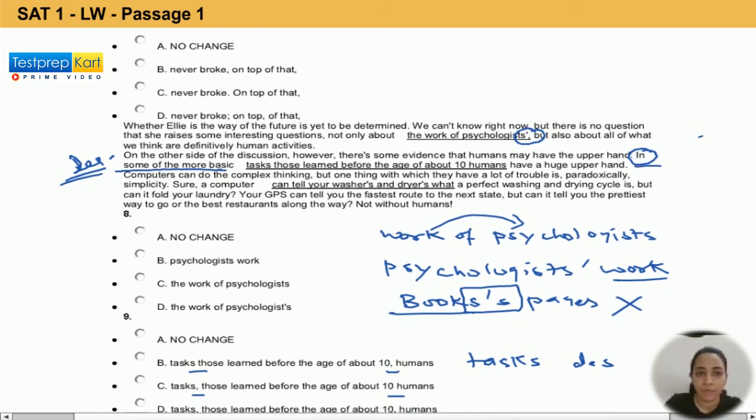In some of the most basic tasks, this part is the previous description, which is describing this whole part, that humans have upper hand, right? In some of the basic tasks. And this part is just telling us what kind of tasks. Those learned before the age of about 10, these kind of tasks. That means this description has to be placed within 2 brackets, 2 dashes or 2 commas.